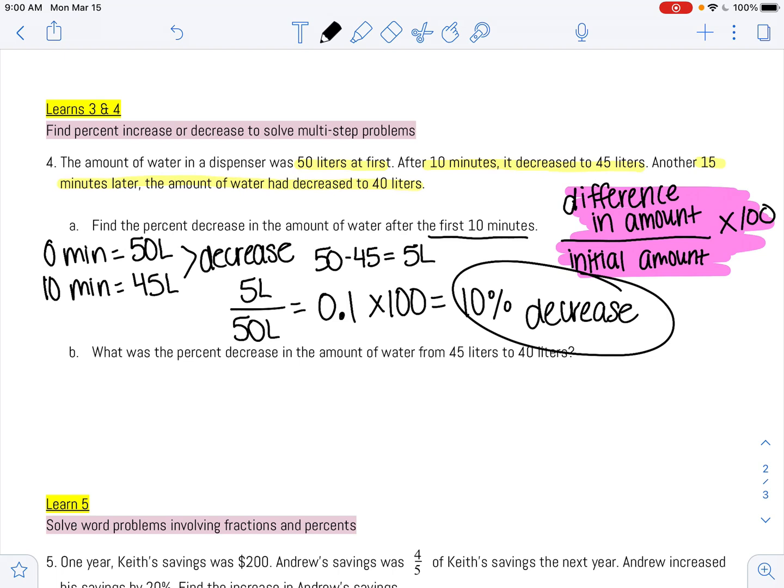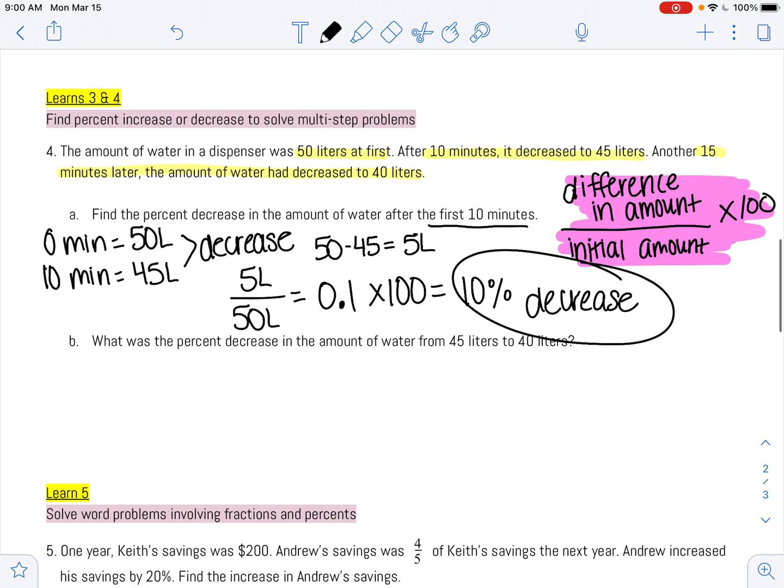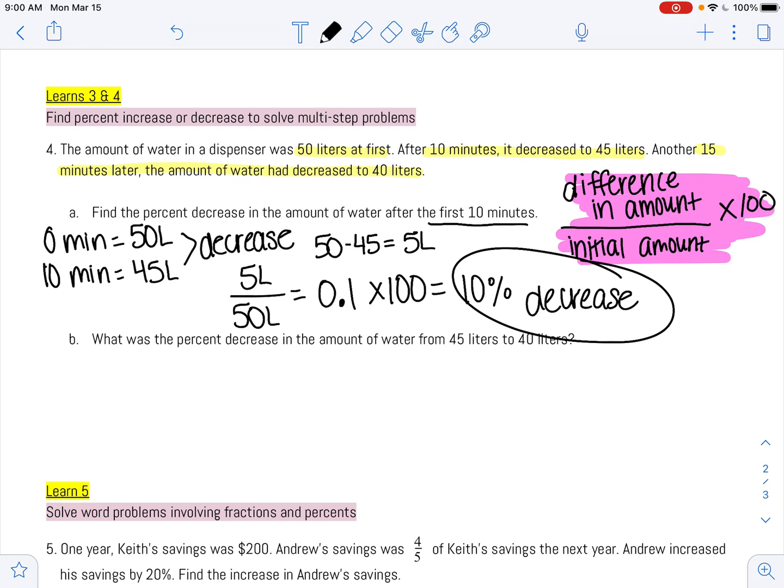In part B, what was the percent decrease in the amount of water from 45 to 40 liters? So we started with 45, then it switched to 40. So our change is 5 liters.